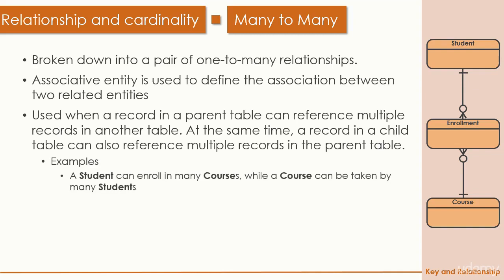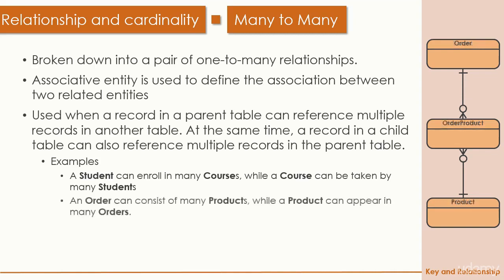The example is the student can enroll in many courses and the course can be taken by many students. So it is a many-to-many relationship. Another example is the order can contain many products, while the product can also be added to more than one order. That makes sense. Otherwise, why would we need to have a separate order?